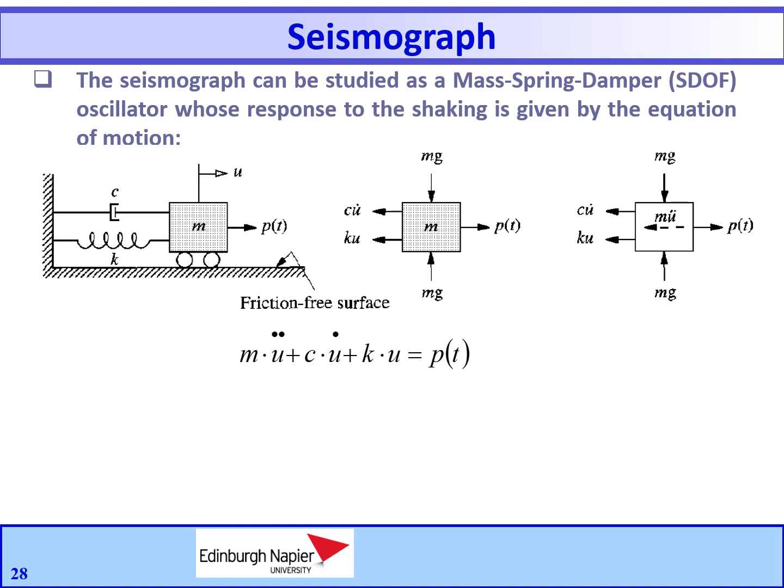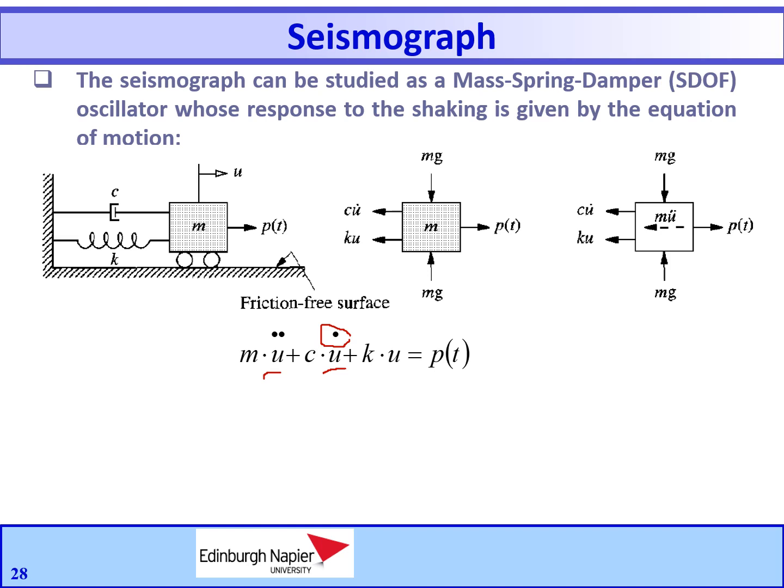And you can see here each dot represents one differentiation with respect to time, so that we have here the velocity and here the acceleration. So this is known, as we have said before, as the equation of motion of the system.